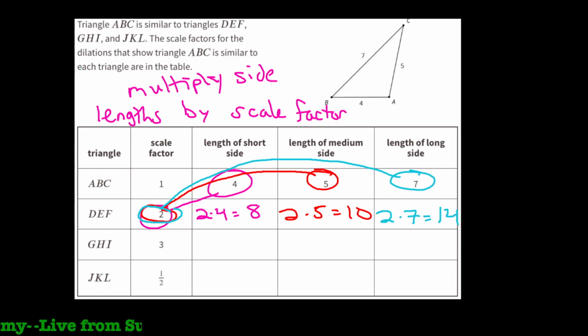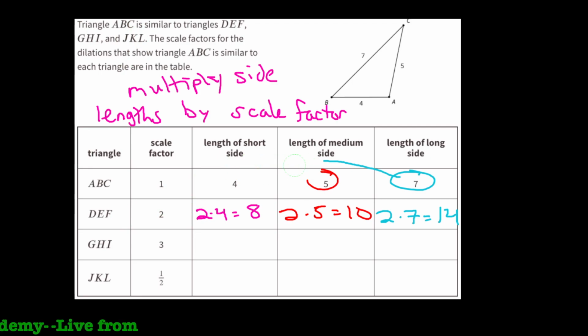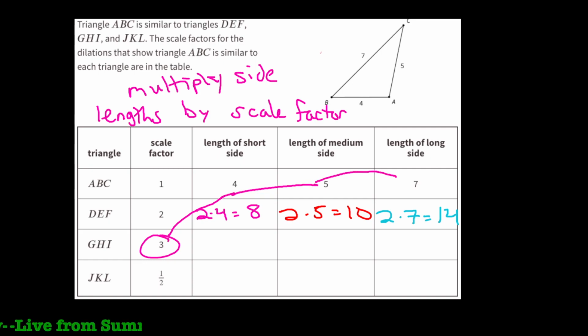So we're going to do the same things for the next one as well. Our scale factor is now 3. So I'm multiplying times 4, times 5, and times 7. I need to do 3 times 4.